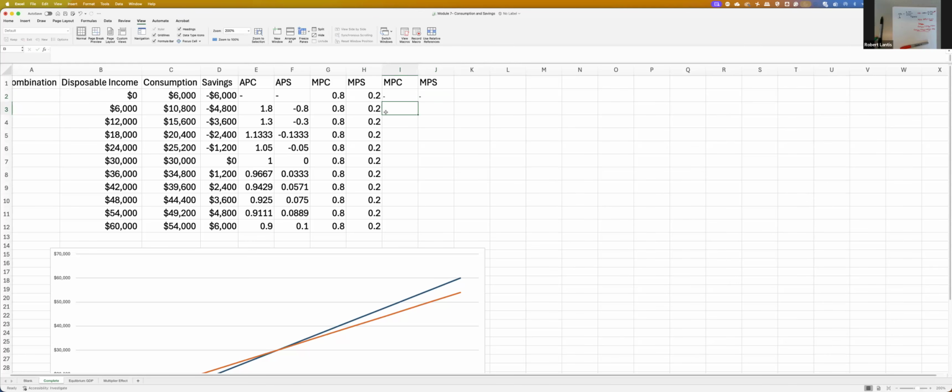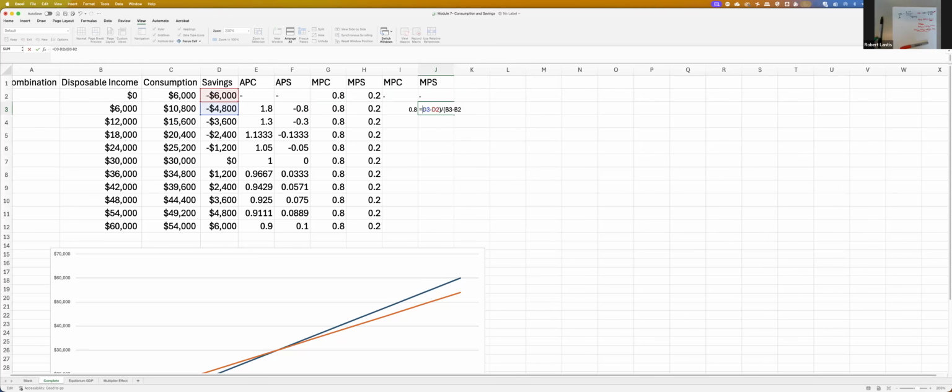We said our marginal propensity to consume would be whatever the change in consumption was divided by the change in disposable income. Notice that should give me that 0.8 value. And if I wanted my marginal propensity to save, that was the change in savings divided by the change in my disposable income.